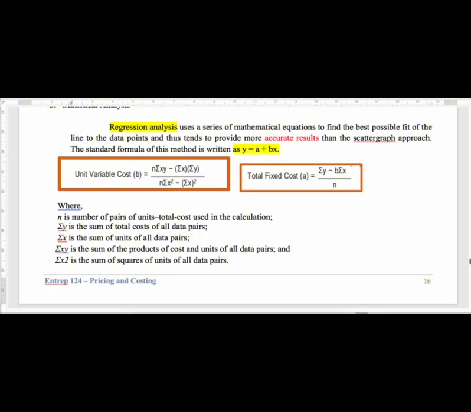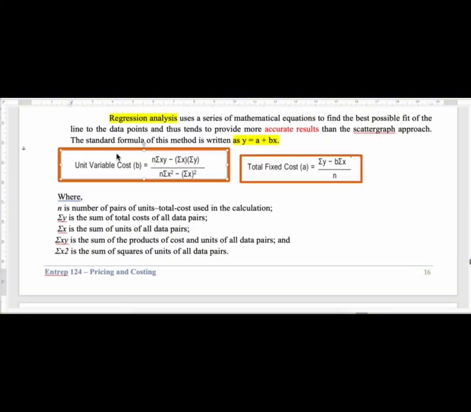So solving the summation of x squared is different from solving this one with the exponent outside. Okay, it's easy, don't worry. This is how we're going to solve this.